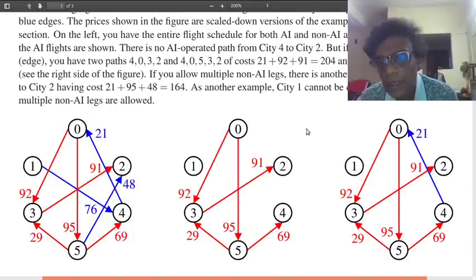Okay. Now because only one edge is added, it is not possible for a route to contain multiple blue edges. That's impossible, right? However, the introduction of this blue edge may reduce the cost of some city-to-city travel which is already handled by AI.